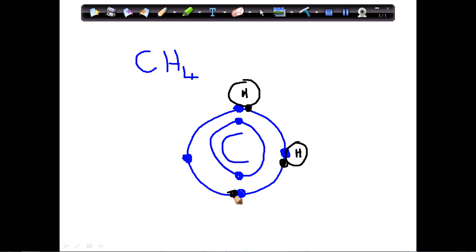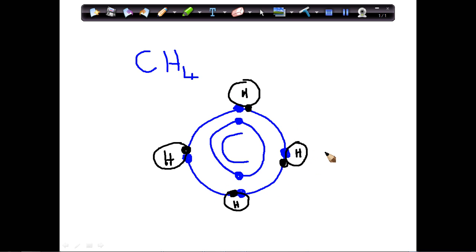Get another hydrogen sharing an electron over here, and a hydrogen sharing an electron over here. Okay, so that's the Bohr diagram. It's basically the same, except it's got the rings, and we show the inner layers of electrons too. So methane, CH4, has 4 valence electrons, and each hydrogen shares one with it to give it a full shell.